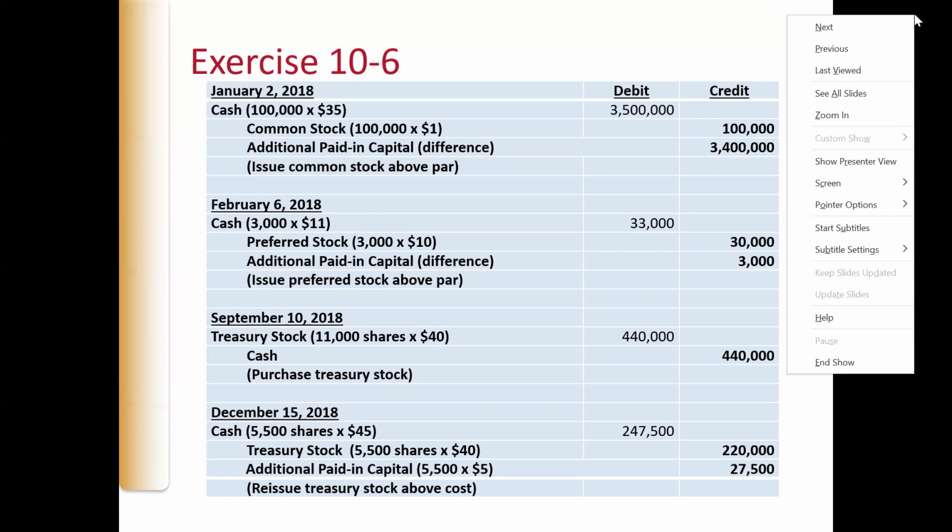When we purchase our treasury stock, we debit treasury stock for the entire amount, and we credit cash. Then, when we reissue treasury stock, some of it, 5,500 shares of it, we debit our cash, we credit our treasury stock for the amount we purchased it for, $40 a share. 5,500 shares we're reissuing at $40 a share.